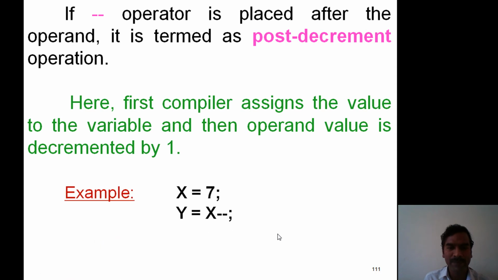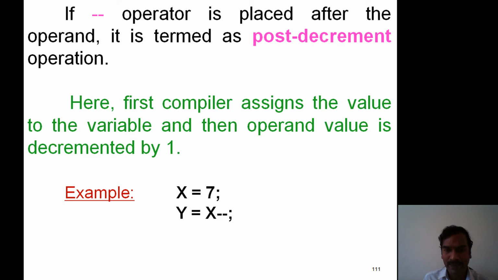Observe this example. Now x = 7, y = x--. Here minus minus is placed after the operand x. Hence the type of the operation is referred to as post-decrement operation. So in post-decrement operation, first assign the value to the variable. Hence 7 is assigned to y.